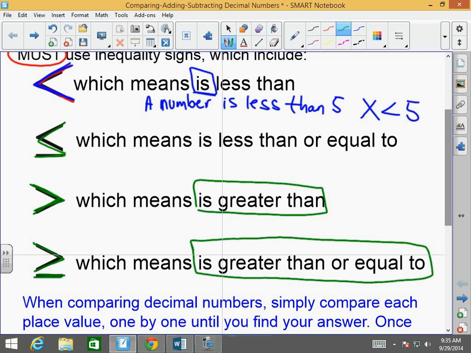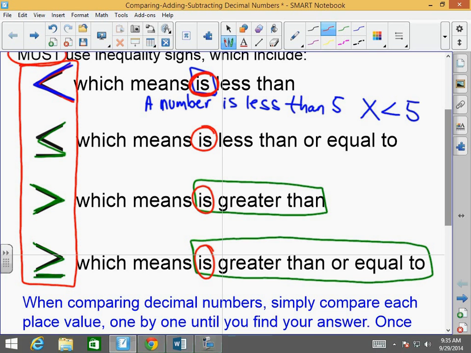So we have less than or equal to, greater than or equal to. And the common part here, always, you're looking for the word is. That is going to let you know, hey, I'm using inequalities, not subtraction.